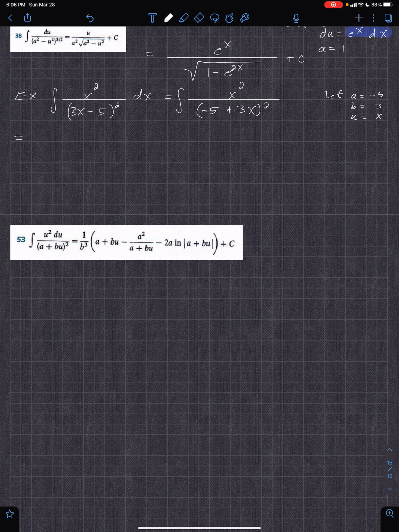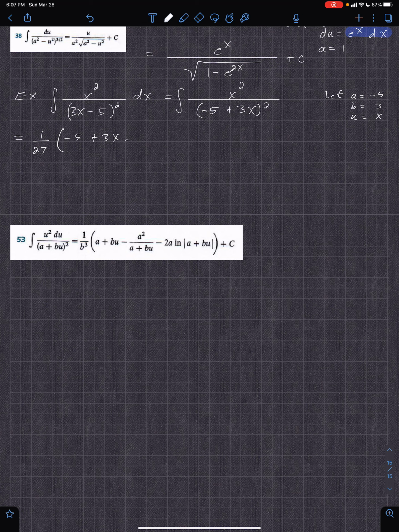You can literally just go directly to the formula on this one. There's not even a u to do. I mean, your u is x, so du is dx. Substitute it directly into the formula and you get 1 over 27 times negative 5 plus 3x. Formula's messy, huh?